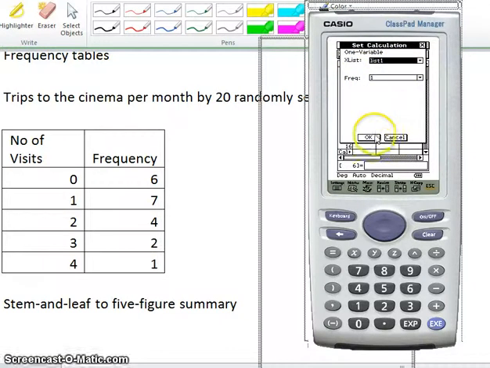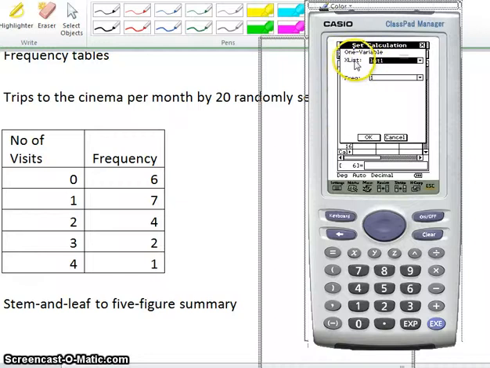We just can't hit OK this time on list 1 because list 1 has only these values here, 0, 1, 2, 3, and 4, right? And that's not going to give us the median number of trips to the cinema. Okay, so the frequency needs to come into the calculation. So X list, we want list 1 to be our X list.